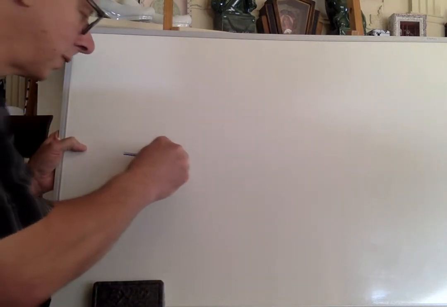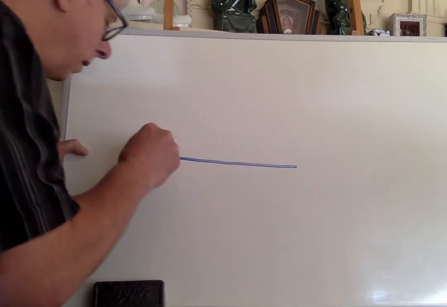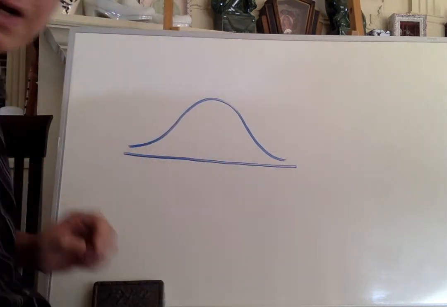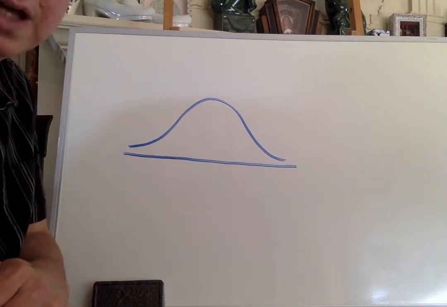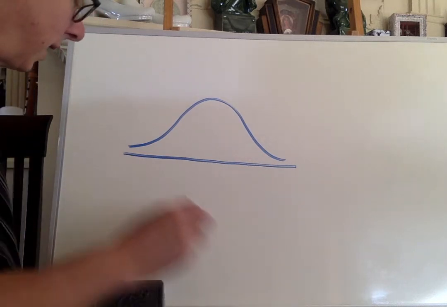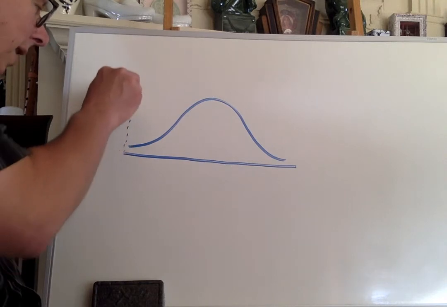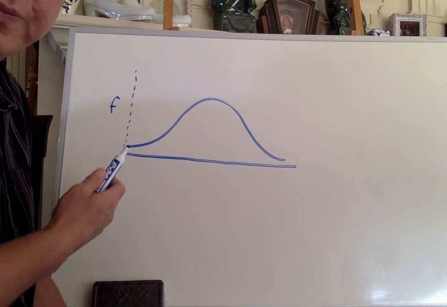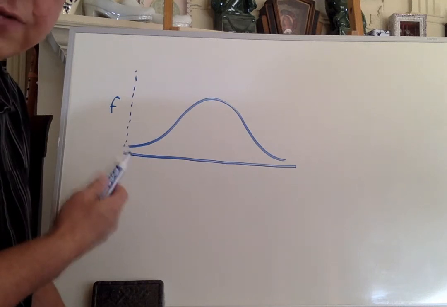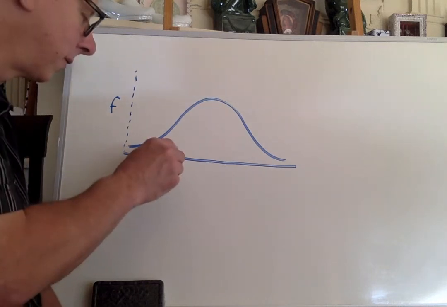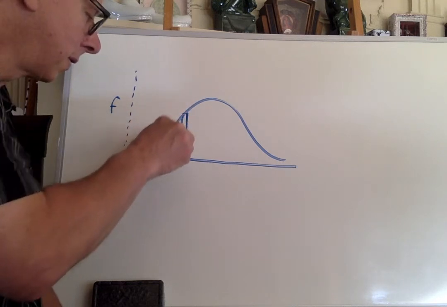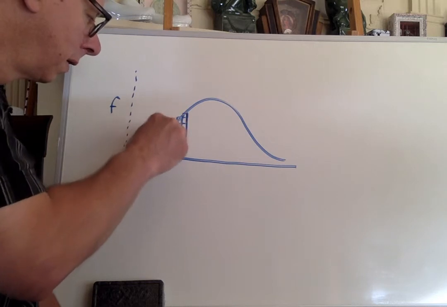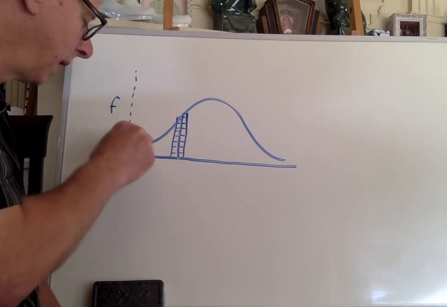So here is our normal curve. That's typically how you see it, and that's why I say there's an implied y-axis here of frequency, and of course, underneath this curve are all the blocks.